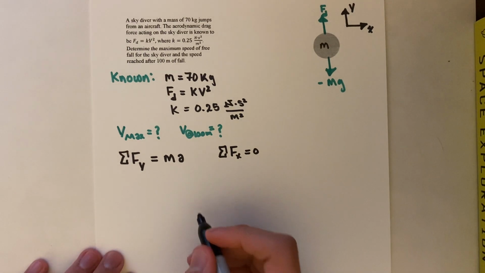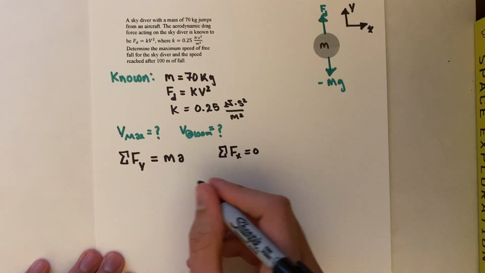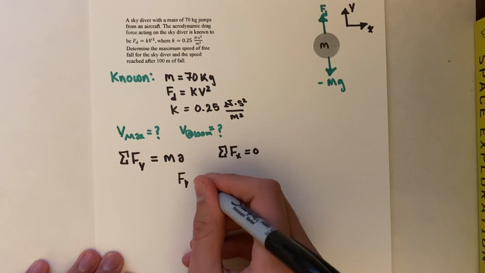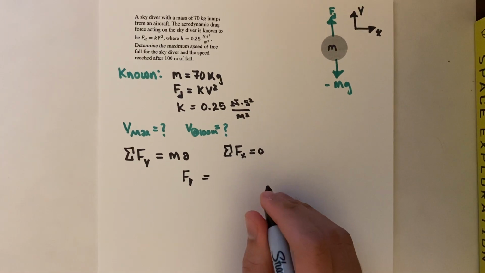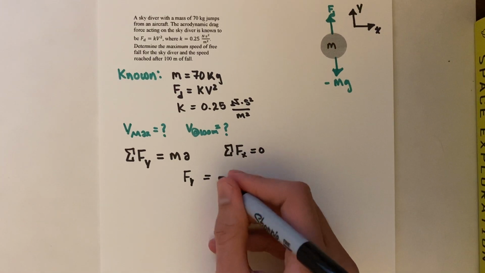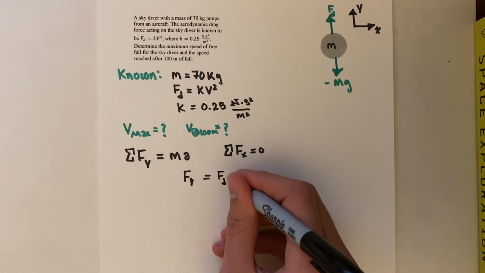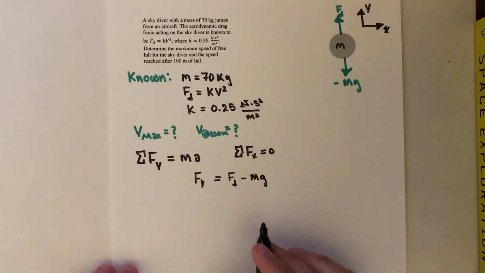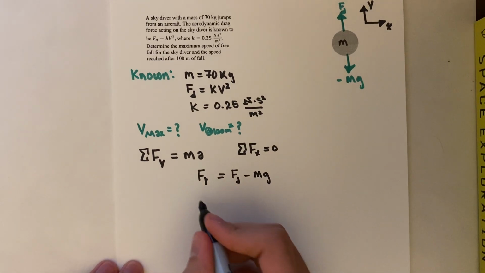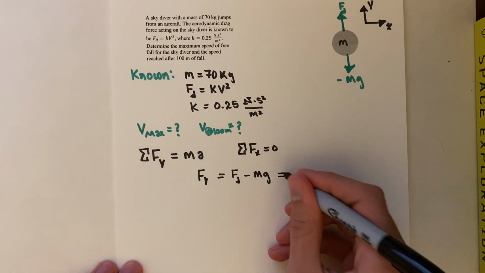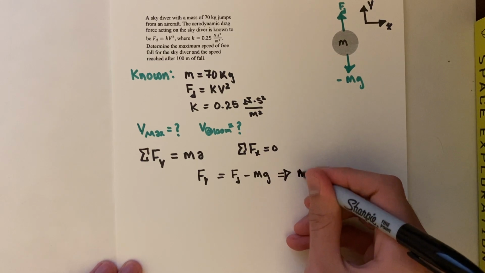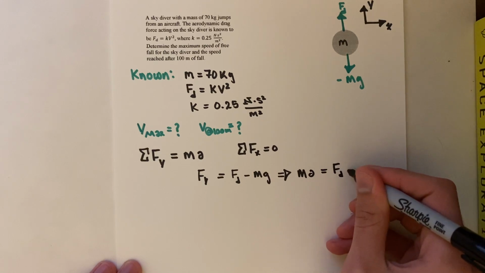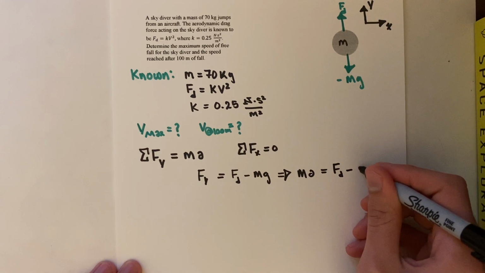So we could write the following equation, which is F_y is equal to force of drag minus mg, which is the force of gravity. Now F_y is just mass times acceleration, so we're left with this expression.